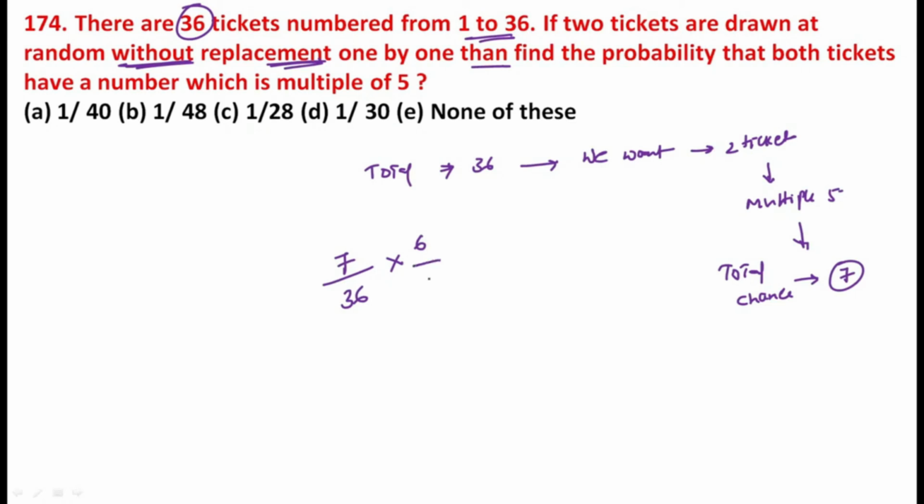But overall there are only 35 tickets, because we have already taken one ticket and we are not replacing it. Now the total probability is 7 by 36 times 6 by 35. Now 7 becomes 5 times, 6 becomes 6 times.